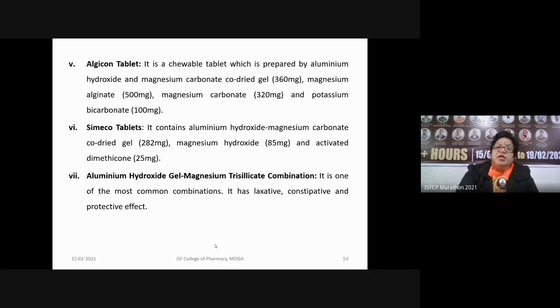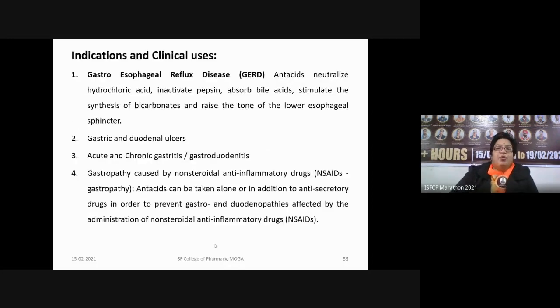Indications and clinical uses. Gastroesophageal reflux disease.